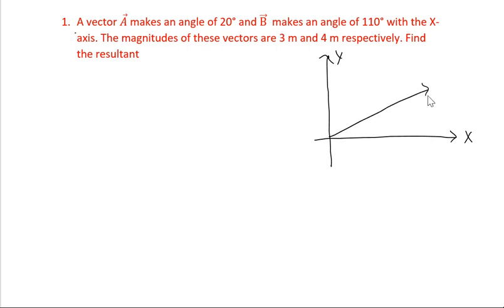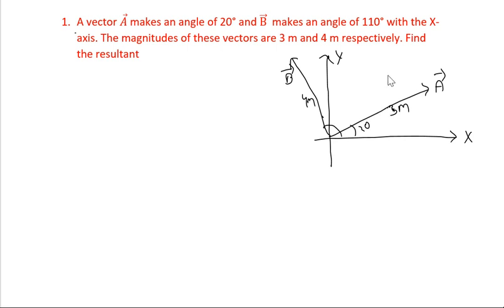This is our vector A, which makes an angle of 20 degrees, and this is our vector B, which makes an angle of 110 degrees with the x-axis. Also given that the magnitudes of these vectors are 3 meters and 4 meters respectively.